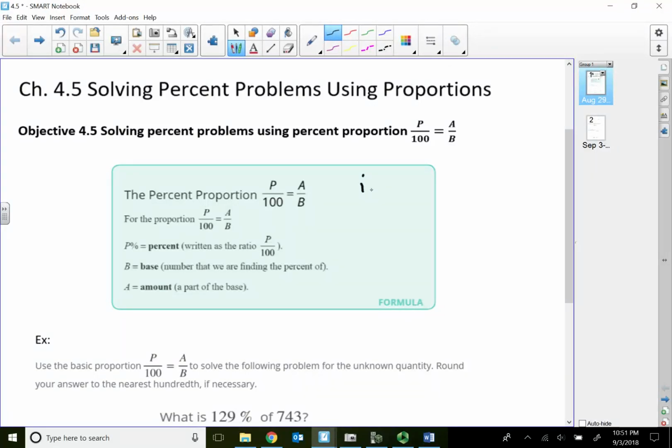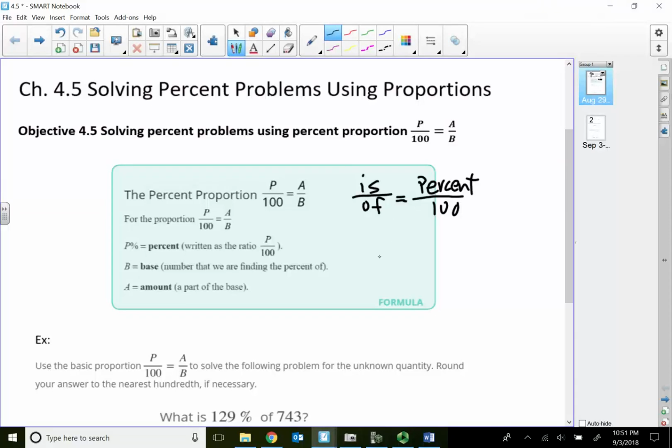Some teachers call this "is over of is equal to percent over 100." Okay, it's the same thing. The textbook calls the "of" the base, and the "a" or the "is" the amount.